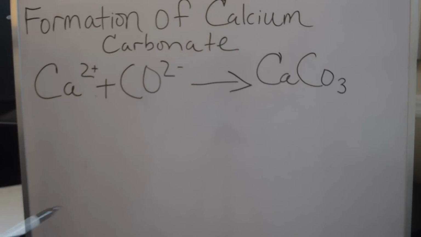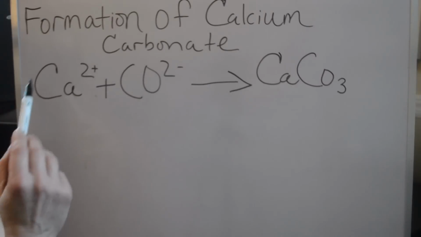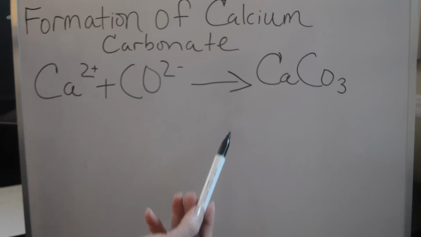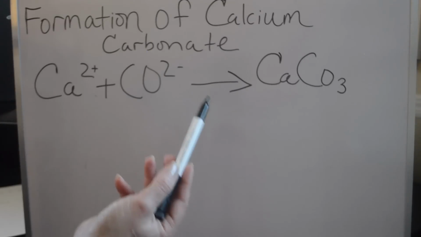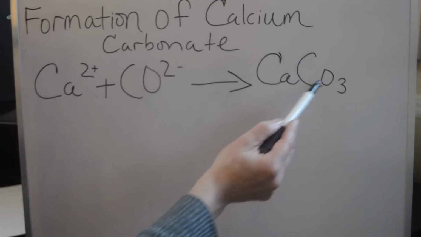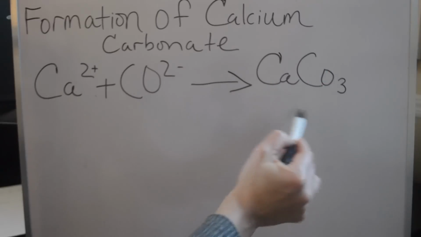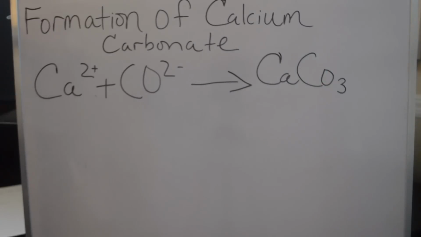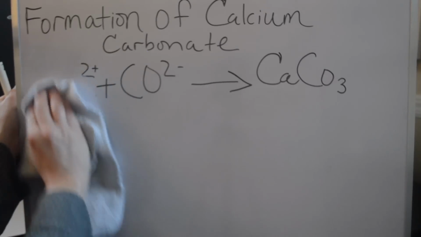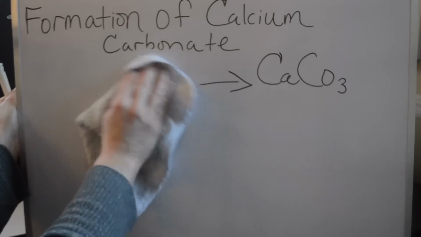Okay, so just where we find this in our environment, the shells of various sea creatures, the shells of eggs from birds and reptiles, they're all made from calcium carbonate. Okay, that should also be a pretty easy one to remember.